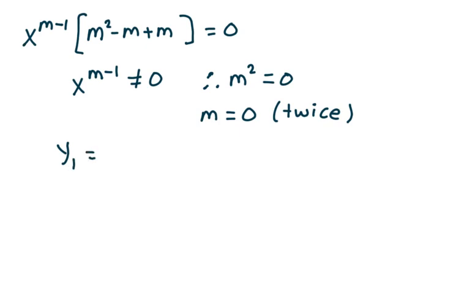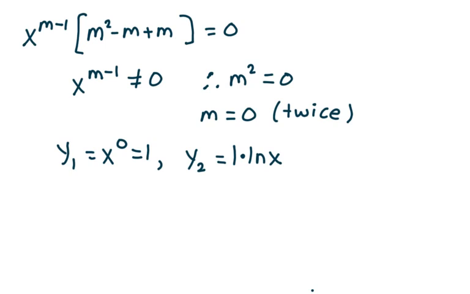Well, one solution will be x to the 0, which is 1. My second solution will be, if you don't mind, I'm going to call it 1 times the natural log of x. So when you have a repeated root, that's how we compensate for that.